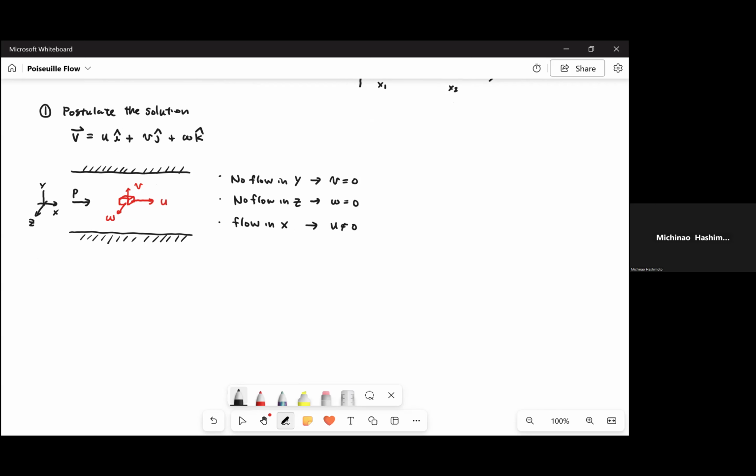So in this case, it's very similar. We have three terms; two are likely equal to 0, and this is the only remaining term here. Then u can potentially depend on four variables: x, y, z, and t.